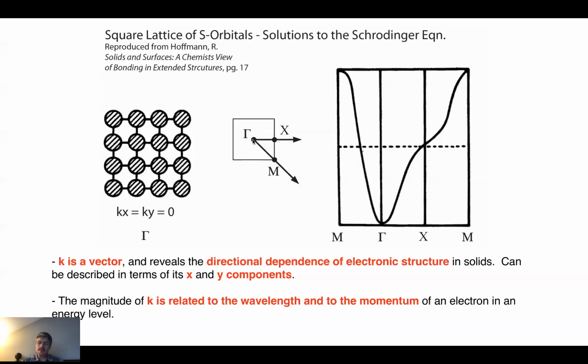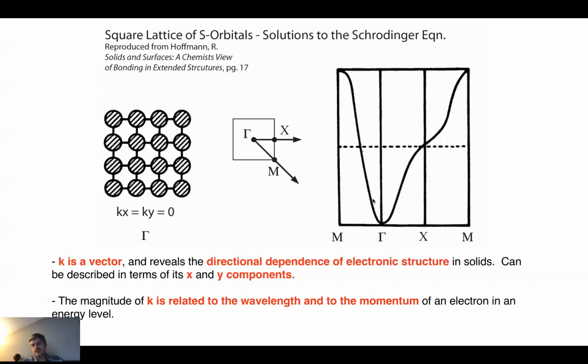Let's say that the k varies along x. That's referred to as the chi direction. And if both x and y directions, you're varying the function along that dimension, then it's referred to as the m direction. Okay, and so this is a little bit complicated, but we'll clarify in subsequent slides.